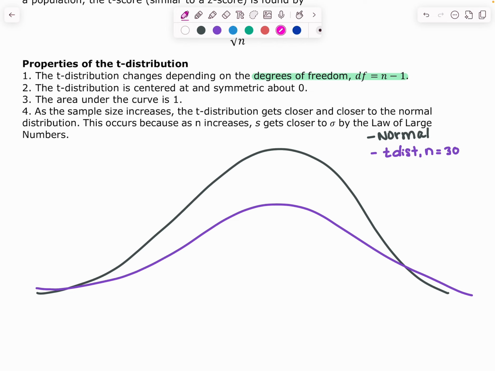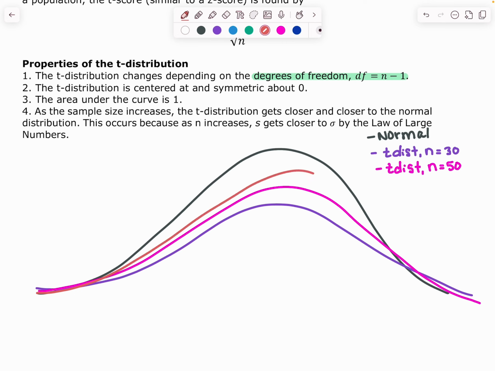And then this distribution might represent a t-distribution with a sample size of 50. And then I'll throw one more in there. This one could be a t-distribution with a sample size of 75.